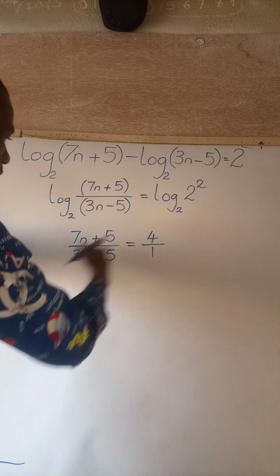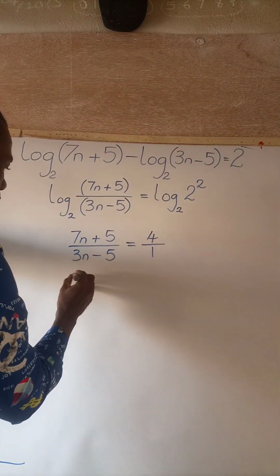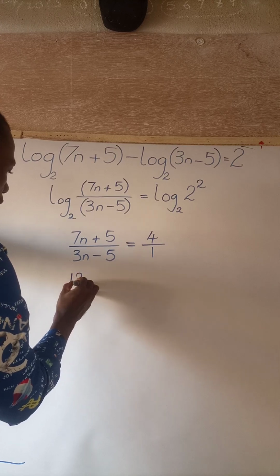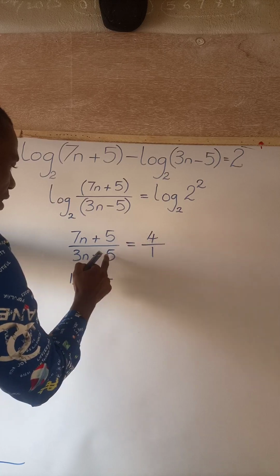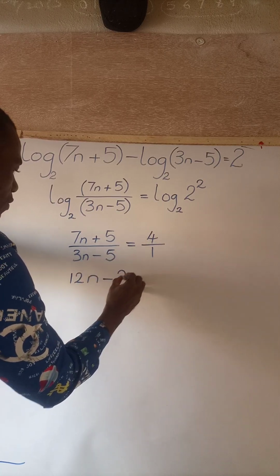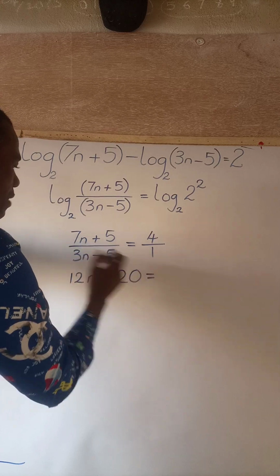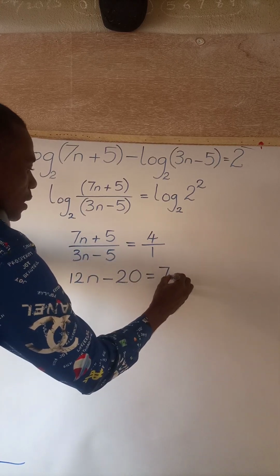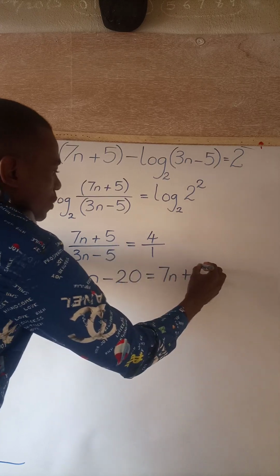And when we cross multiply, we will have 4 times 3n, which gives us 12n, minus 4 times 5, which gives us 20, equal to 1 times 7n, which gives us 7n, plus 1 times 5, which gives us 5.